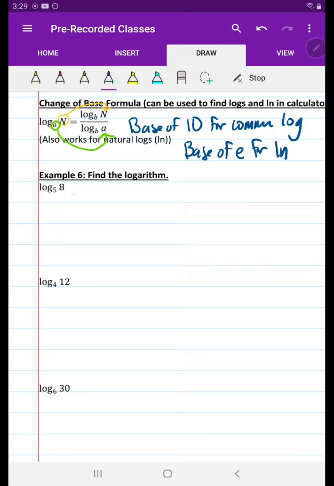We can rewrite this as log 8 divided by log 5. I don't have any base written, so I can assume my base is 10, and I can punch this into my calculator. I'll do log of 8, hit enter, then divided by log of 5, hit enter, and I should get 1.292. And that's my answer there.